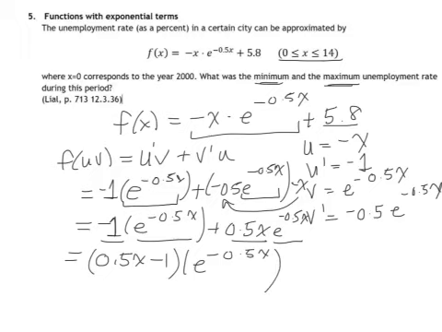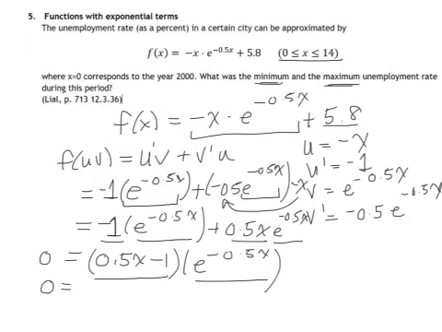Okay, in order to find that minimum and maximum, that critical point, we would set this function to 0 and solve. If 0 is the product, then either this bracket must equal 0, or this bracket must equal 0, or they both can equal 0.